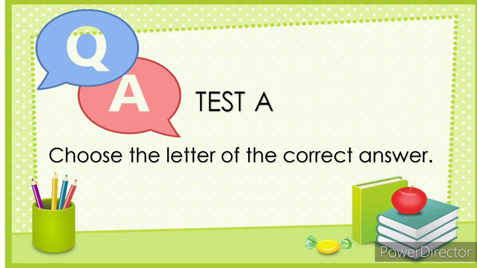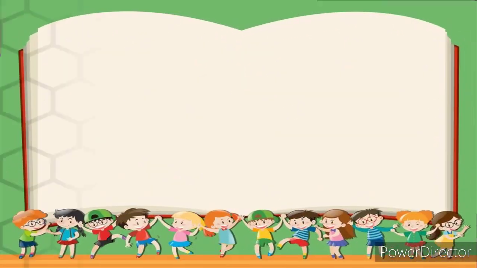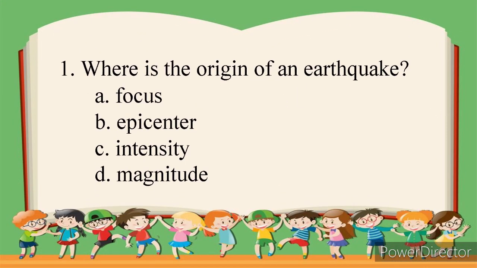Let's have test A. Choose the letter of the correct answer. For number 1, where is the origin of an earthquake? A. Focus, B. Epicenter, C. Intensity, D. Magnitude. Kindly write your answer on your science journal.